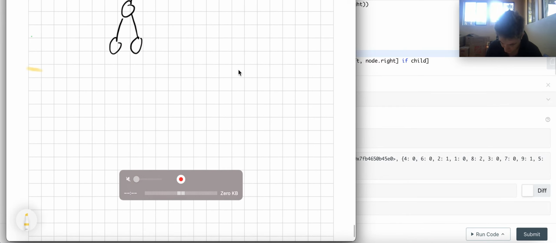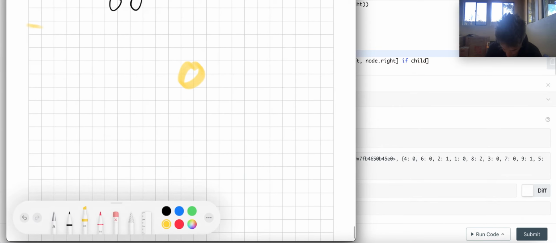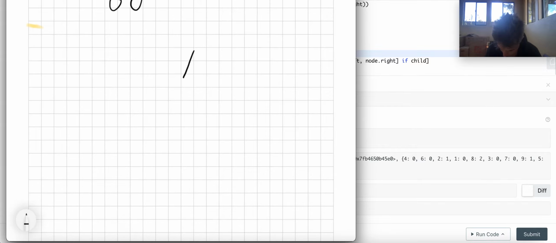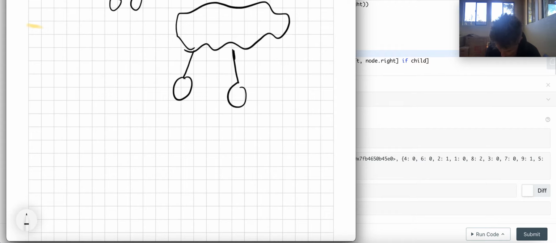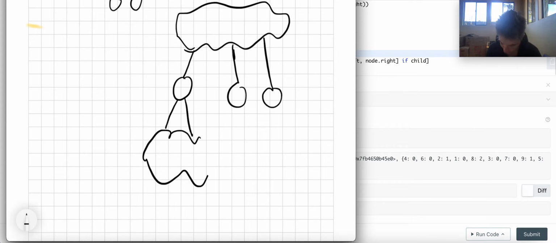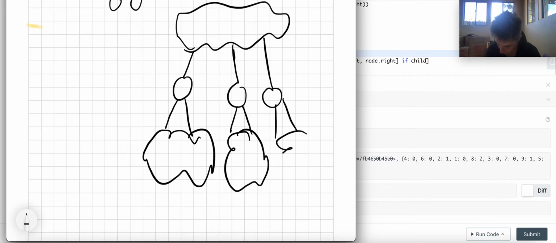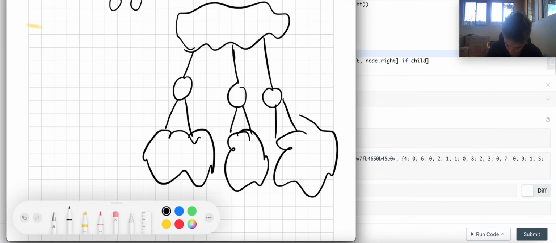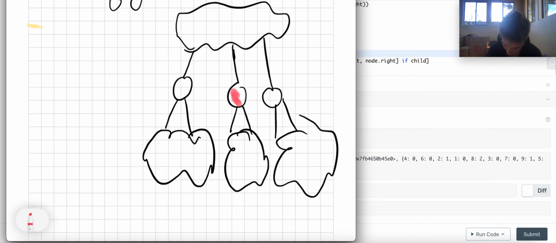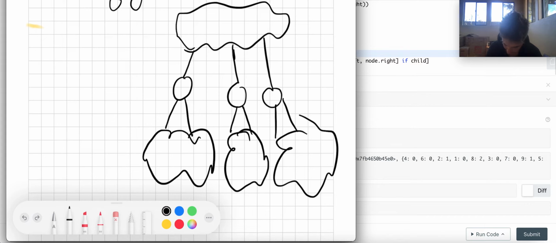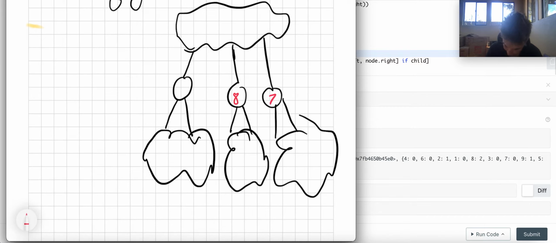let's say we had a system of nodes again. So I don't know what this tree looks like, so I'm just kind of making it like a cloud, because we're going to look at nodes at each level, right? So imagine that this thing had height 8, 7, and 4.